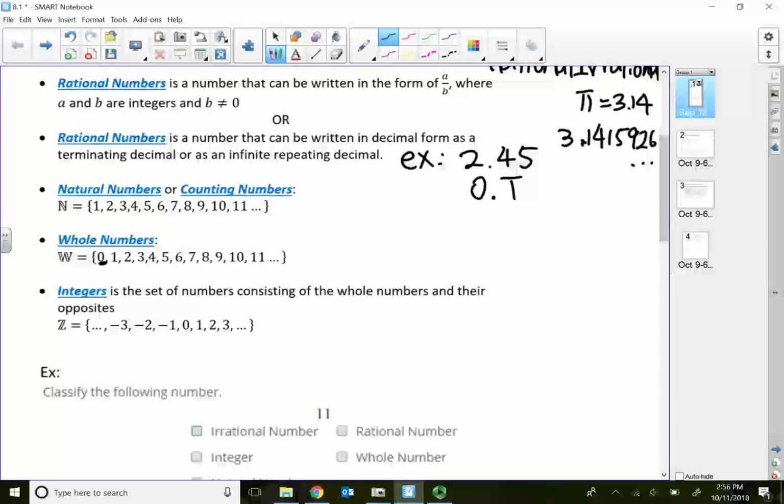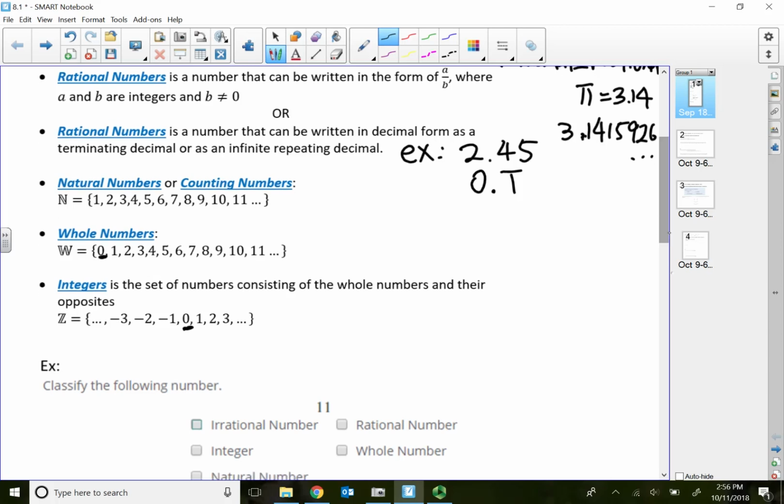Integers: an integer is the set of numbers consisting of whole numbers and their opposites. Opposite in algebra means opposite sign. So normally we just say integers are positive and negative whole numbers. Notice that 0 is actually considered an integer as well. Every time I use the word integer, it's referring to positive and negative whole numbers.